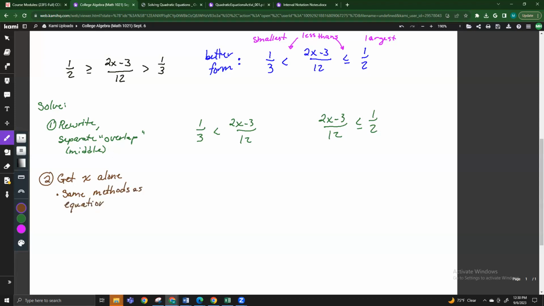The only caveat that you have to worry about: if you multiply or divide by a negative, flip the inequality.